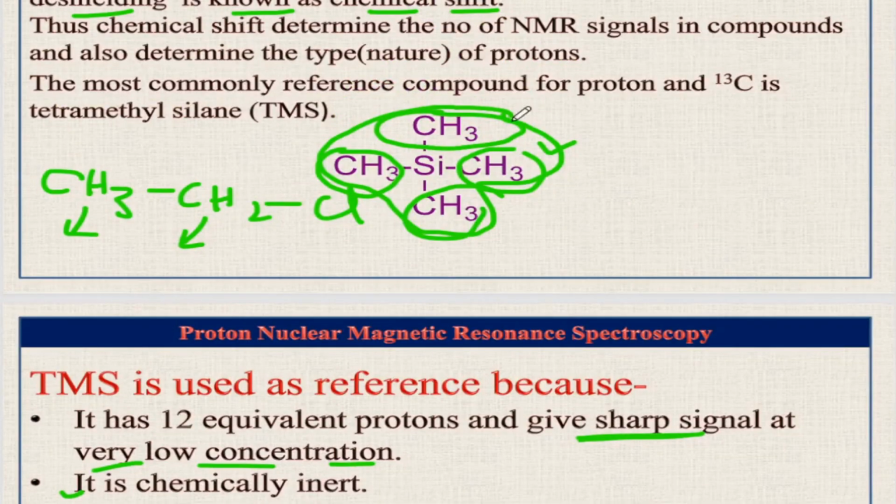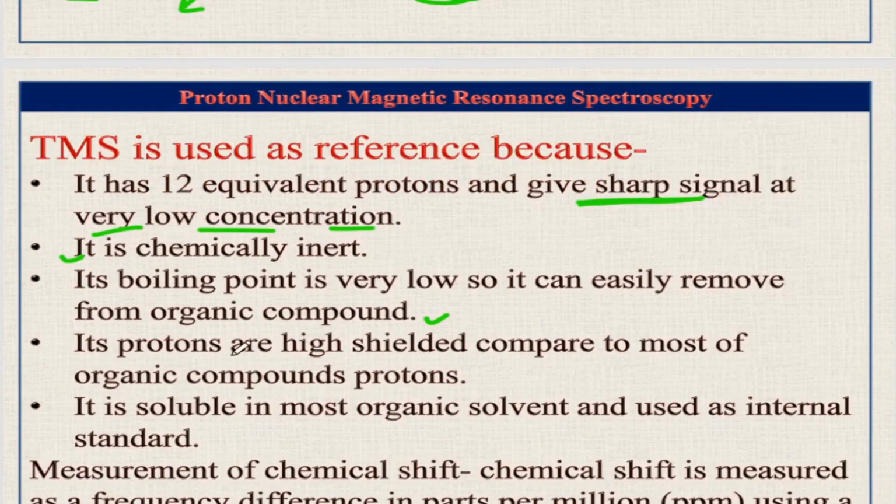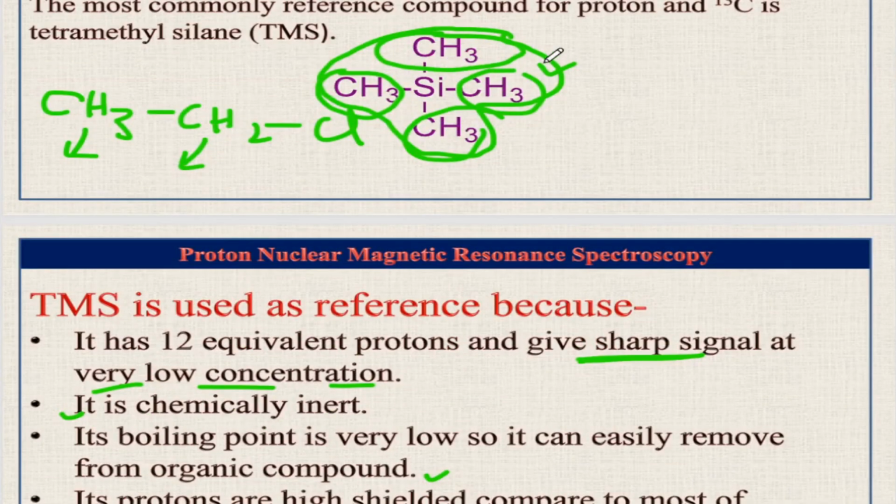The boiling point of tetramethylsilane, TMS, is very low, so it can easily be removed from the compound. Its protons are highly shielded compared to most organic compounds. Why? Because silicon is electropositive. In comparison to silicon, carbon is more electronegative, so carbon attracts electrons towards itself.